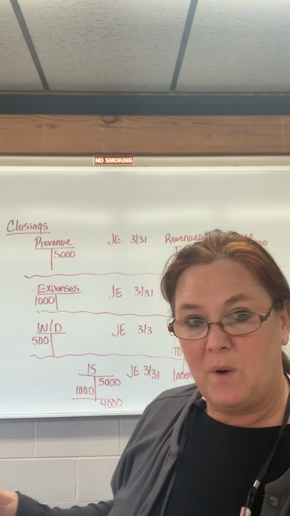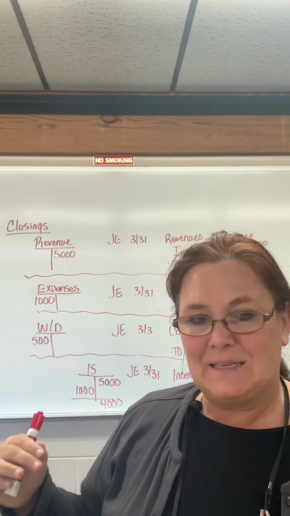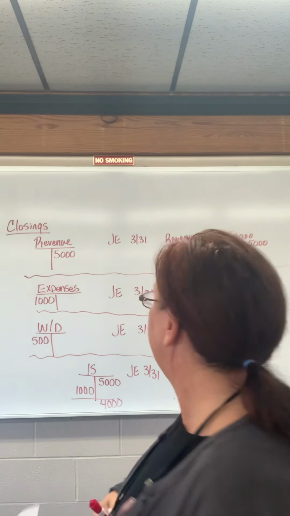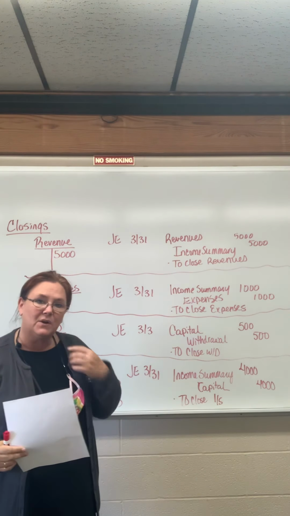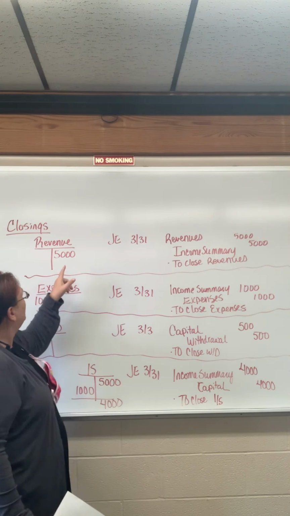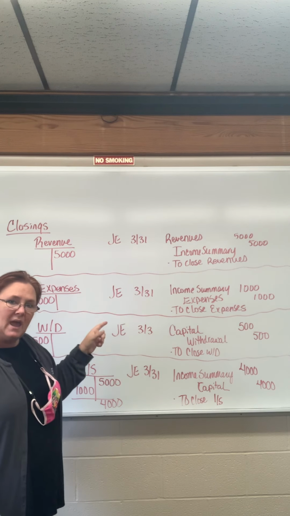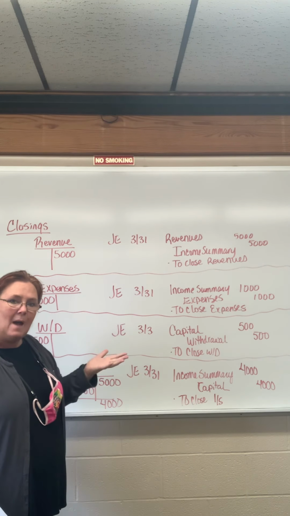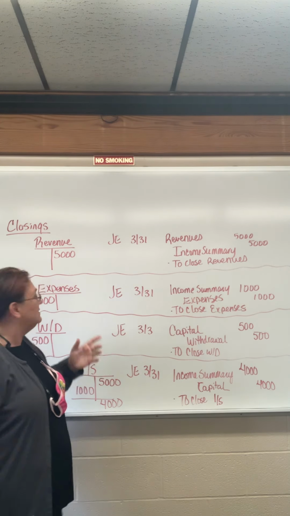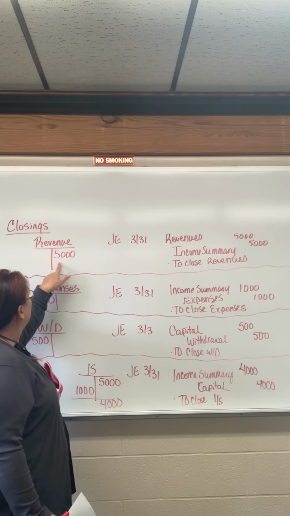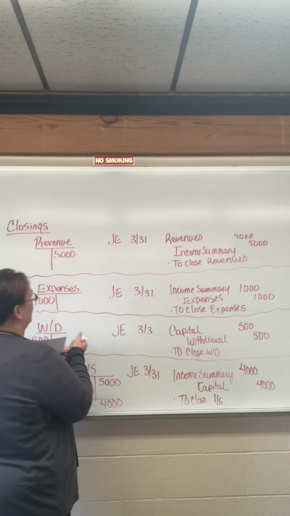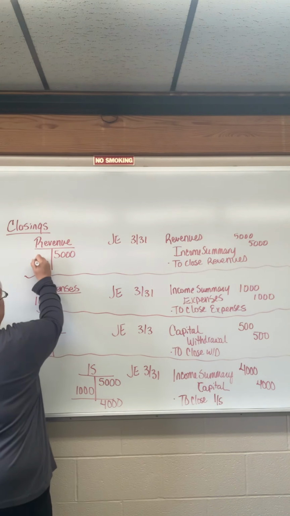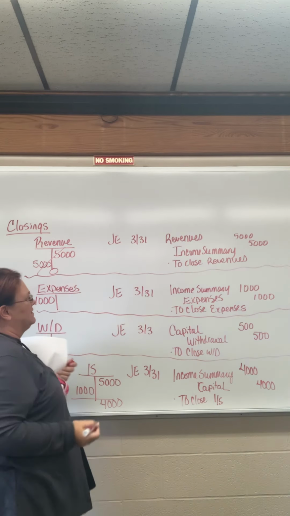So we start with the revenues, expenses, then withdrawals. To do the journal entry, as I stated in class very clearly, in order to close the account, we have to do the opposite of its normal balance. Revenues are normal credit balances. Therefore, we have to debit revenues in order to make this zero.